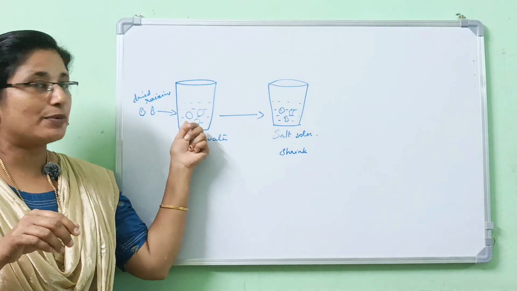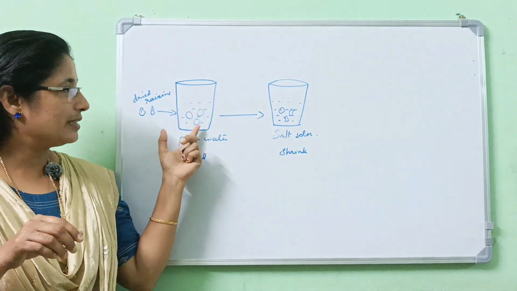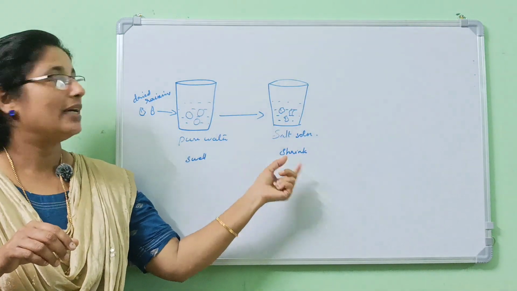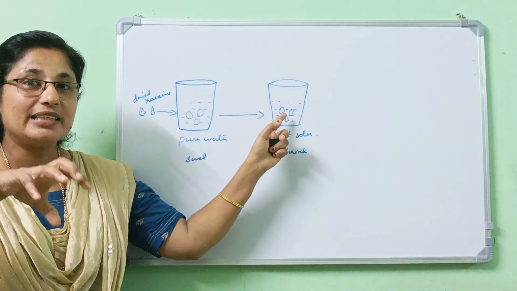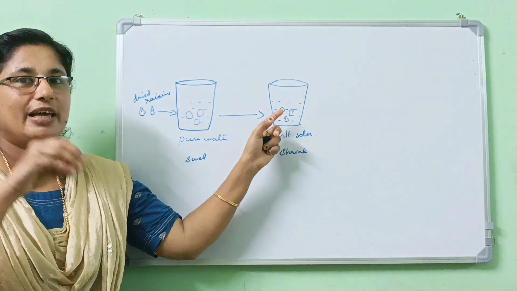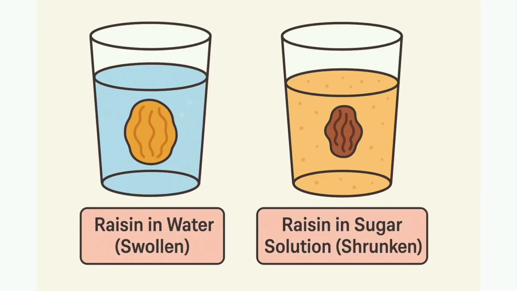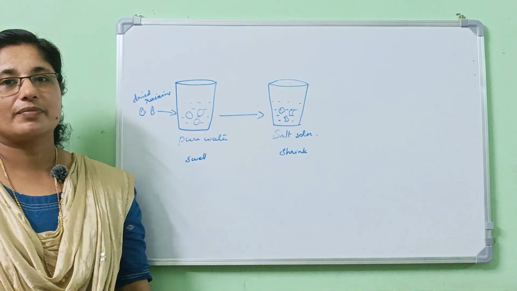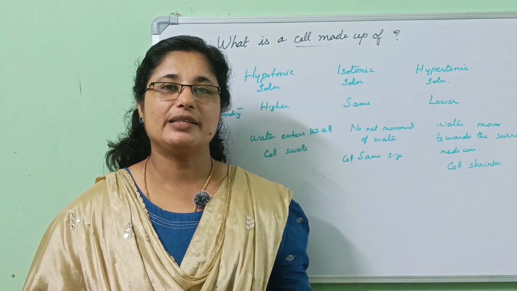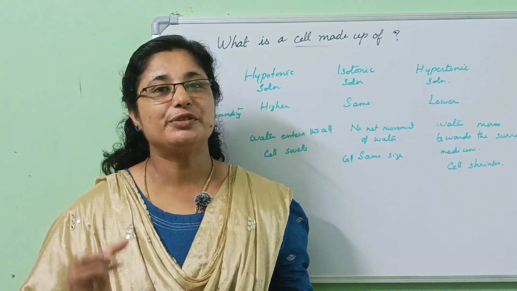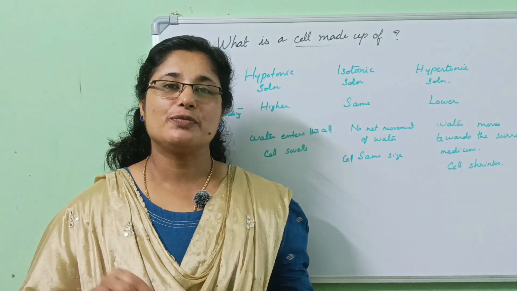Then the opposite process happens: the water inside the swollen raisin moves out of the cell into the surrounding salt or sugar solution by osmosis. Unicellular freshwater organisms and most plant cells usually gain water through osmosis.